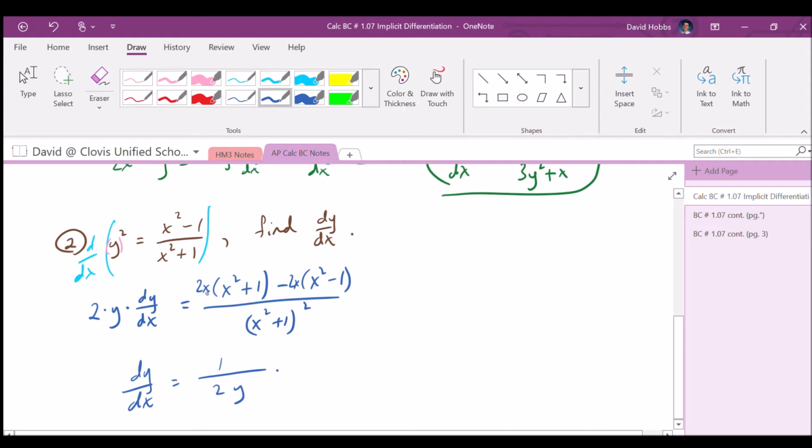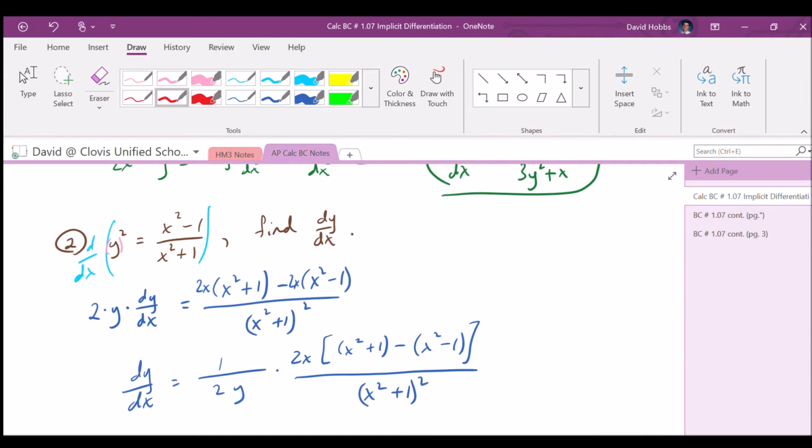Now there is a GCF of 2x, and I'm left with x squared plus 1 minus x squared minus 1 all over x squared plus 1 quantity squared.